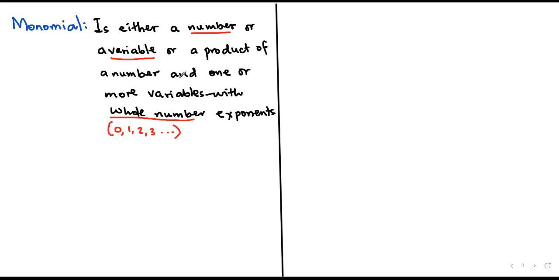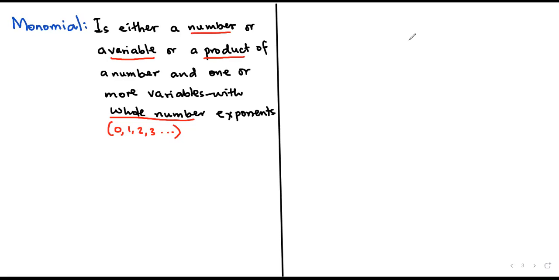A product of a number and one or more variables. A product, remember, a product is the result that we get after multiplication. So if we get a number, let's say 2 times a variable, let's say x, we get 2x. So that will be a product of a number and a variable, and that is also a monomial.